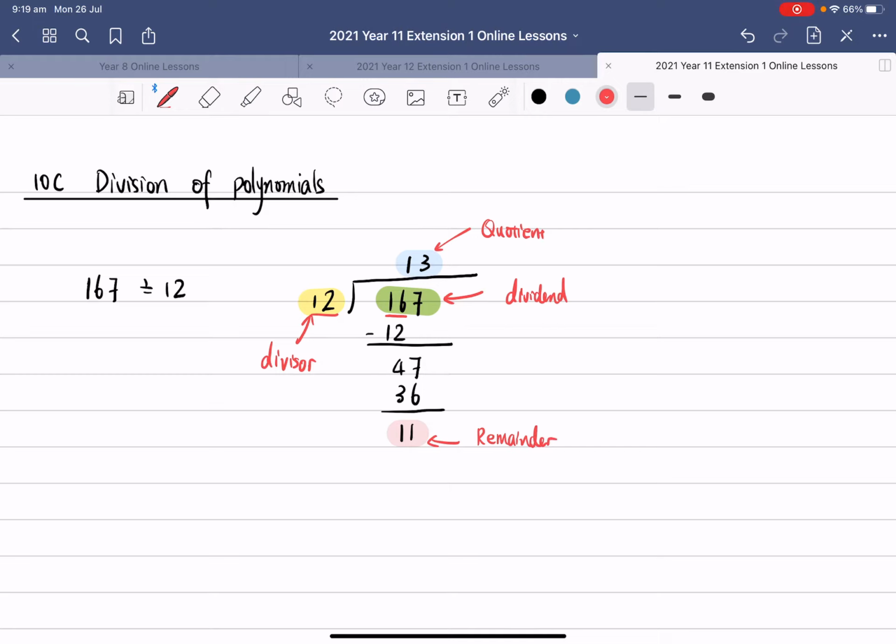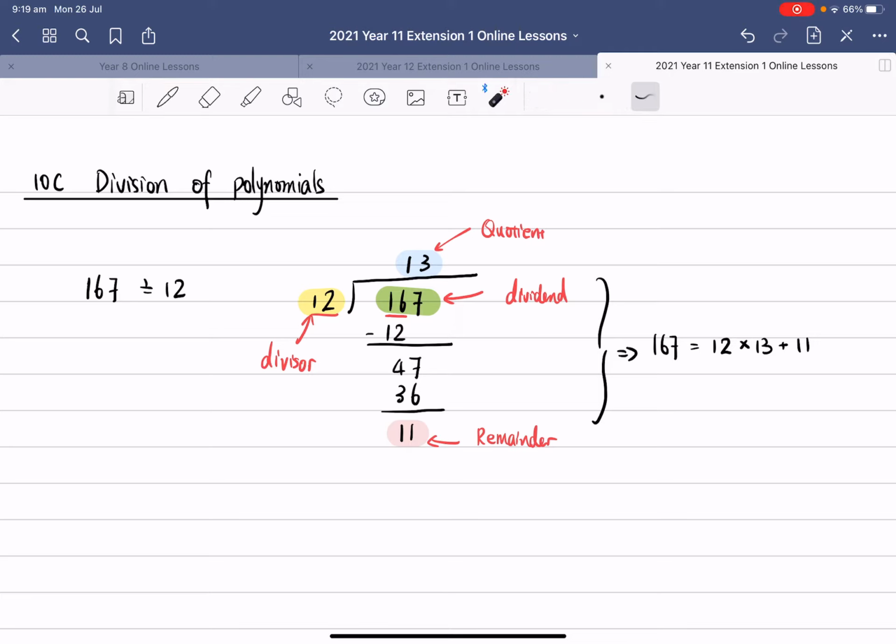The reason is that if we rewrite this entire division, 167 is equal to 12, which is the divisor, times 13, which is the quotient, and then plus 11, and that is the remainder. It's a very important expression that you need to remember.